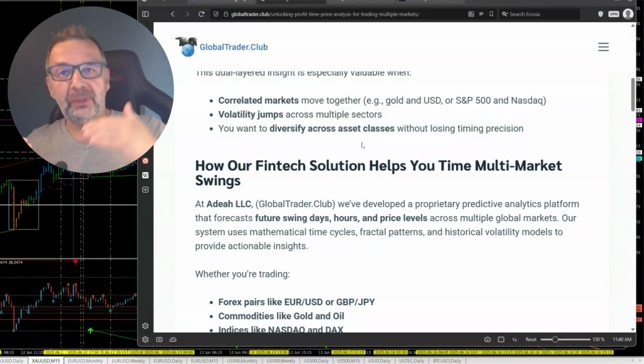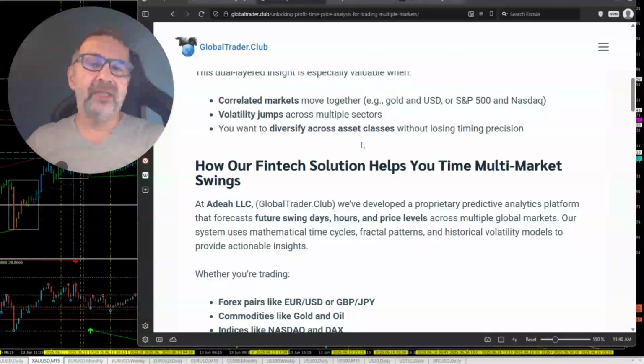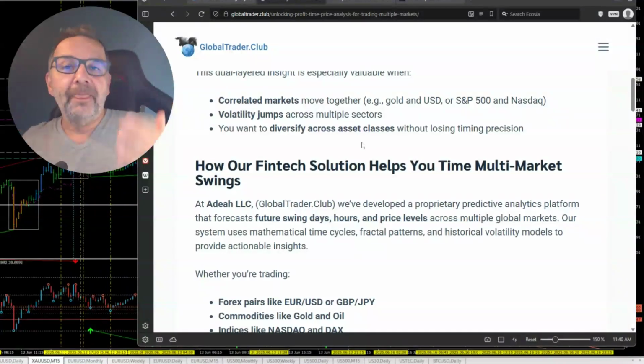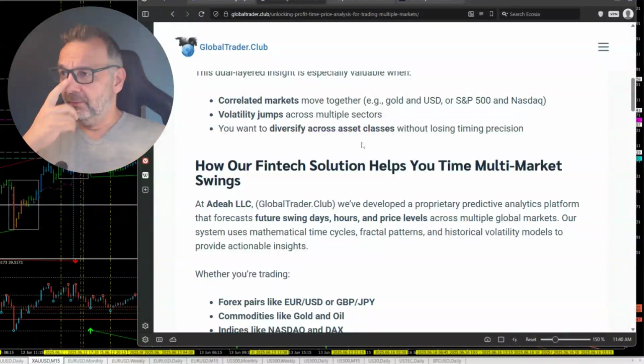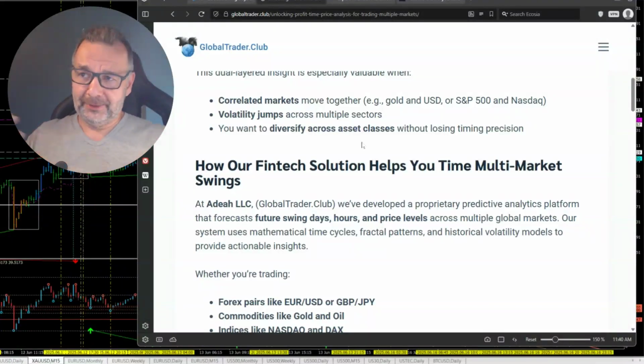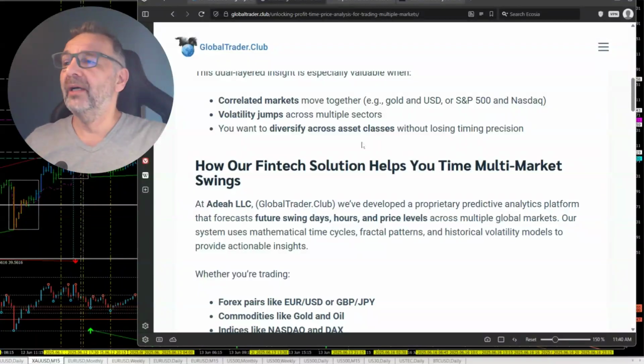So when some things are going up, some things are going down. For example, when the US dollar is going up, then the Aussie dollar is going to be coming down, the New Zealand dollar is going to be coming down. They're correlated in what's going on with respect to the US dollar. And same thing with gold with respect to other markets, and indices are correlated, they're going together, and so on.